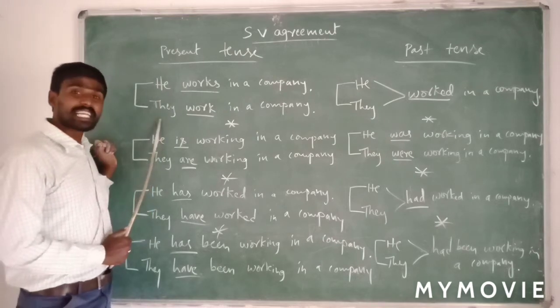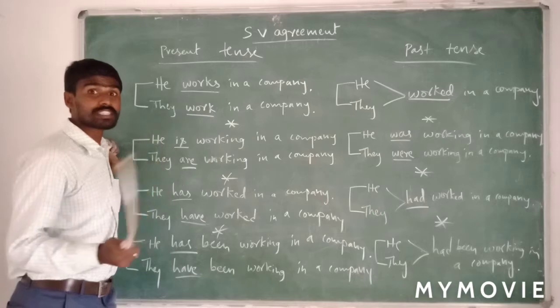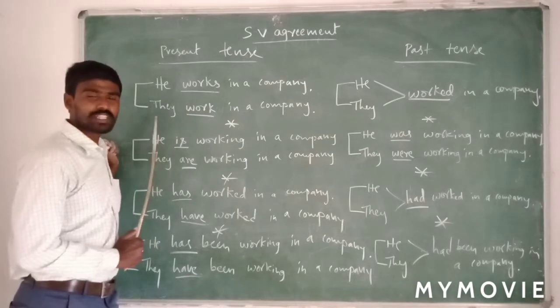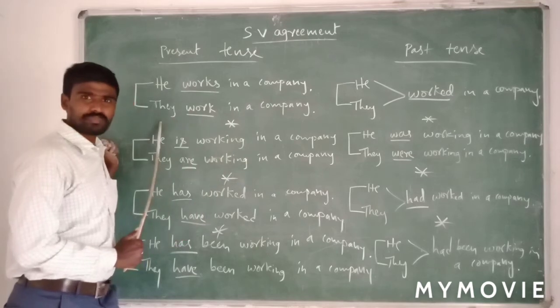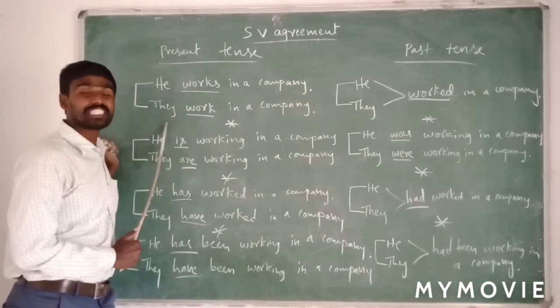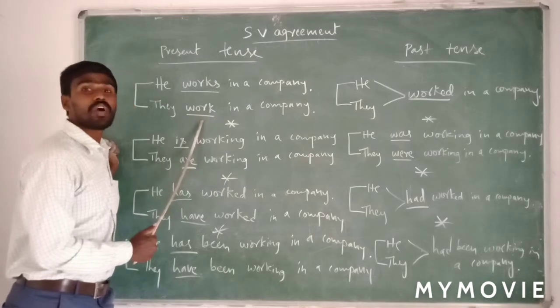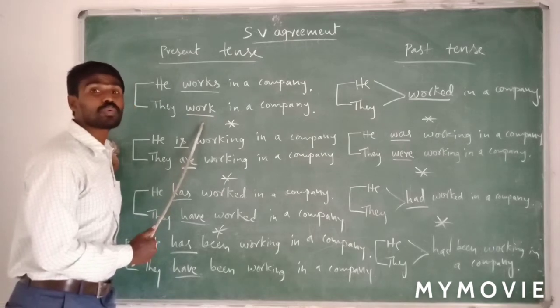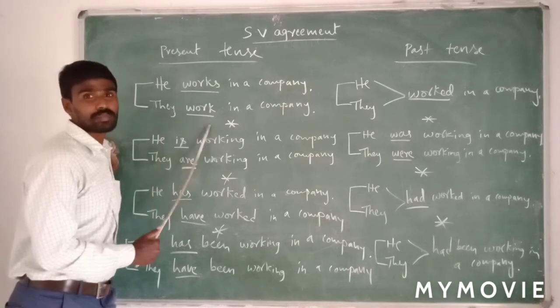Now look at the next sentence, which has a plural subject. What is the subject? They. They work in a company. They is the subject, and since it is a plural subject, we have only work. Plural subject, plural verb.